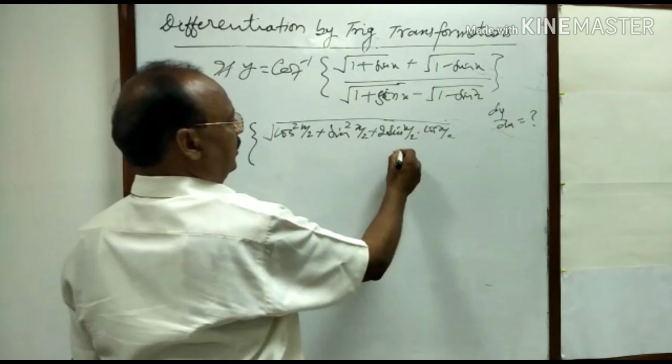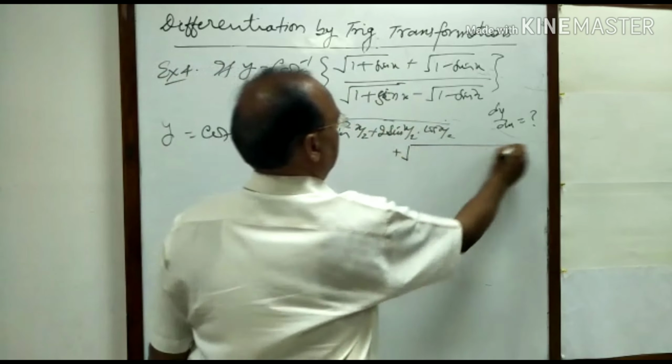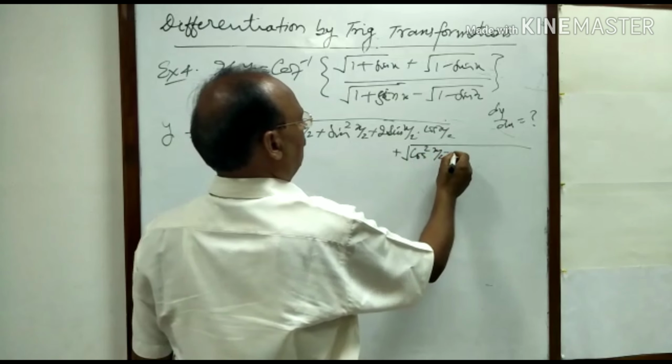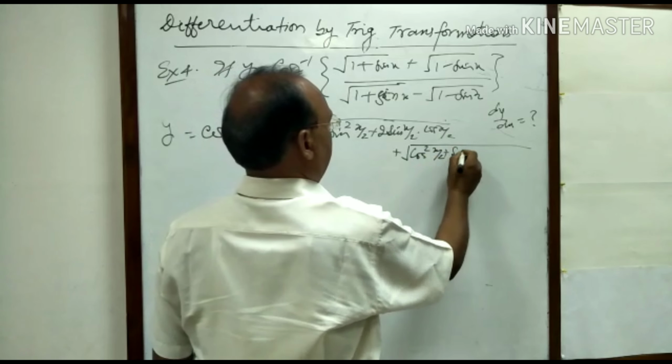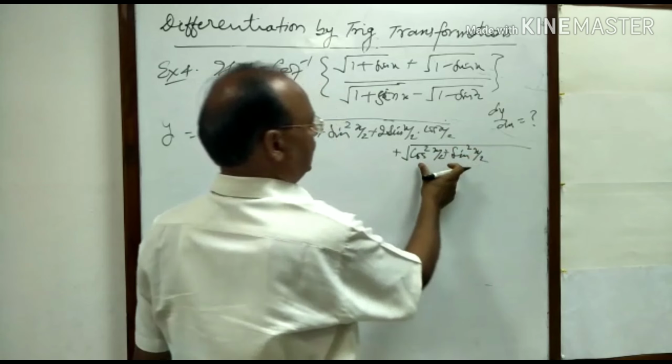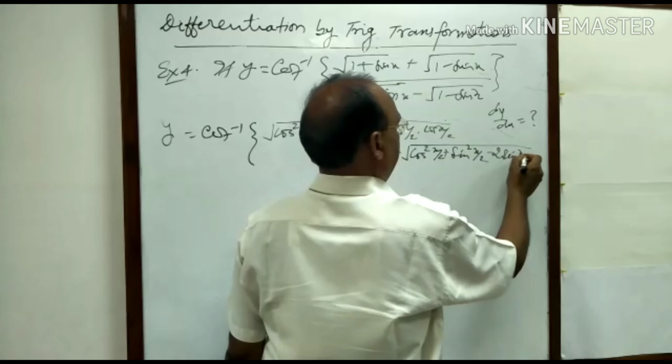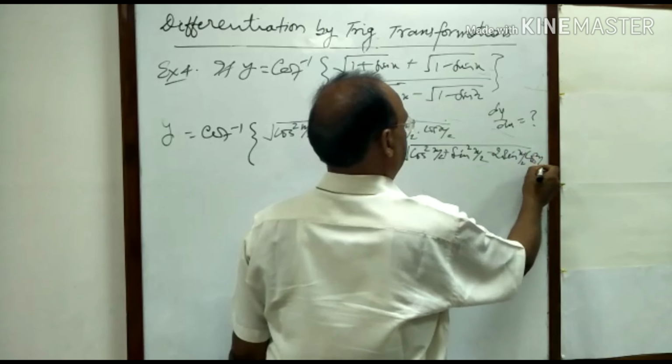And similarly, the next term can be written as root over cos square x by 2 plus sin square x by 2, this much gives 1, minus 2 sin x by 2 cos x by 2.